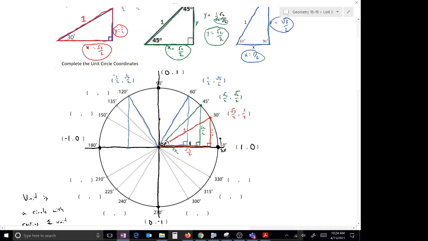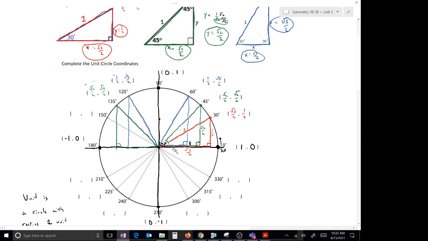If we looked at the green, or the 135, that would be a mirror of our green triangle. So the coordinates are going to be the same, √2/2 and √2/2, except that our x is going to be negative.